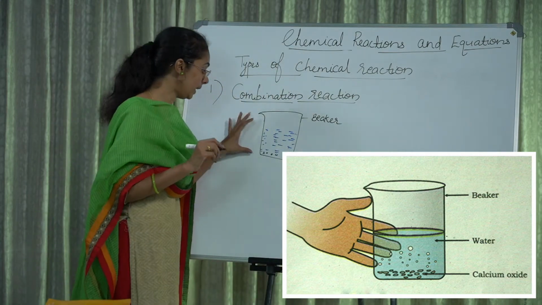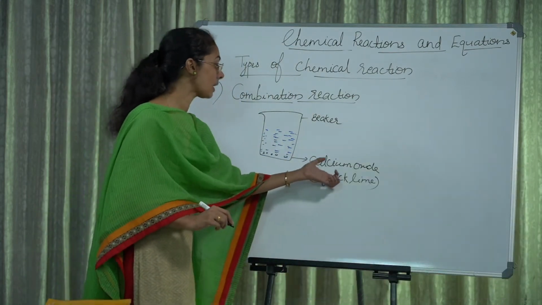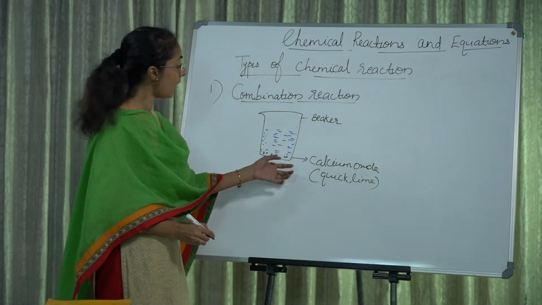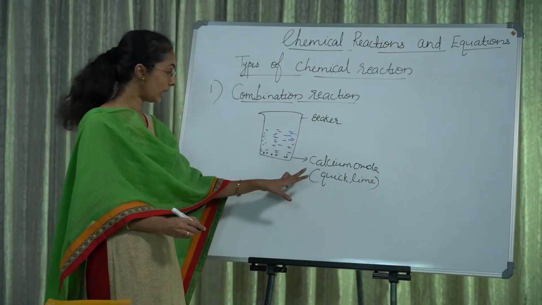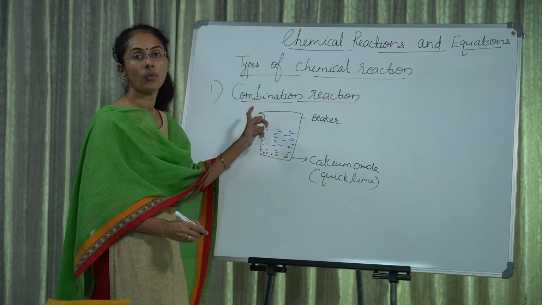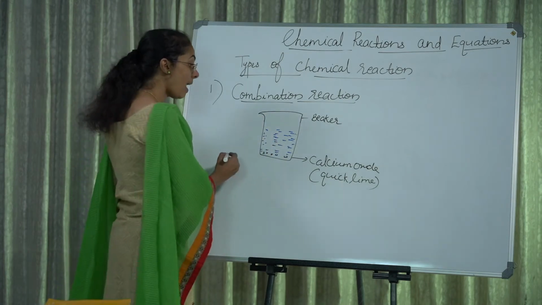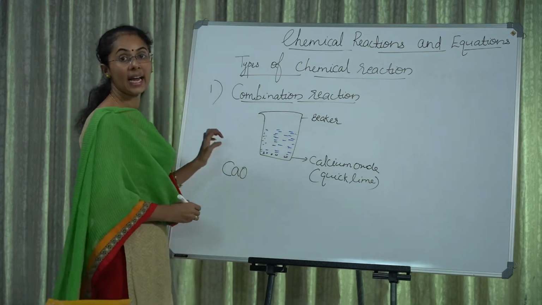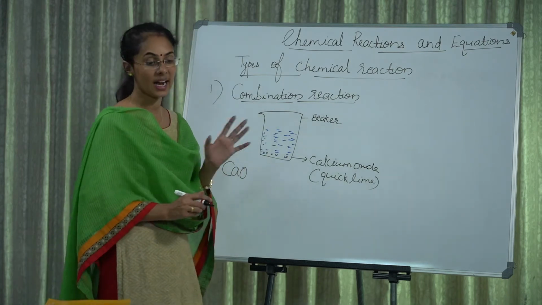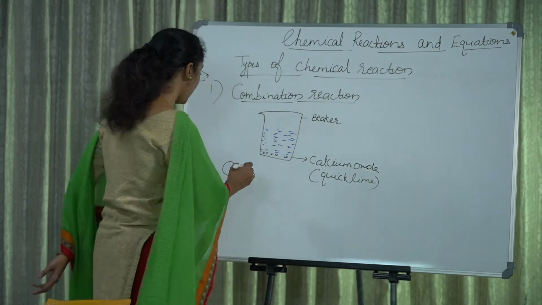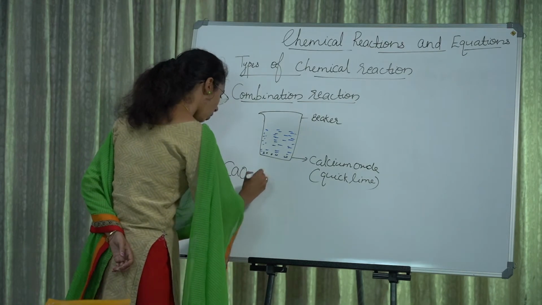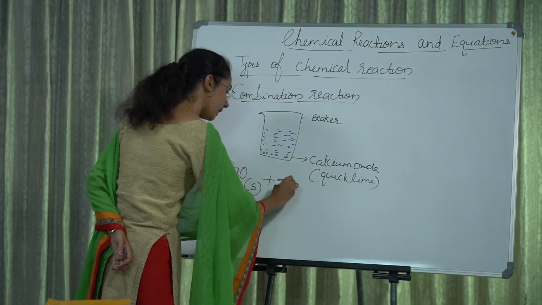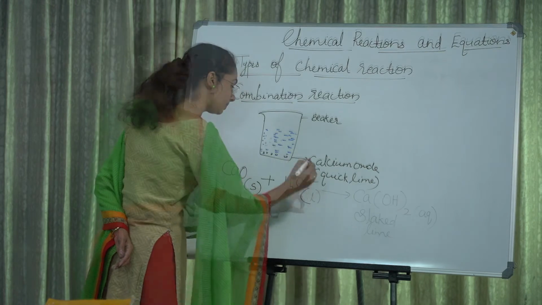Take one beaker, take some calcium oxide or quicklime, then add some water. How do you represent calcium oxide? CaO. Calcium oxide reacts with water.